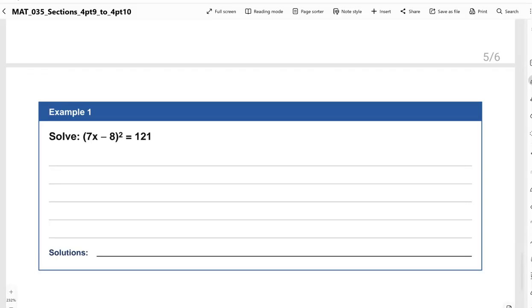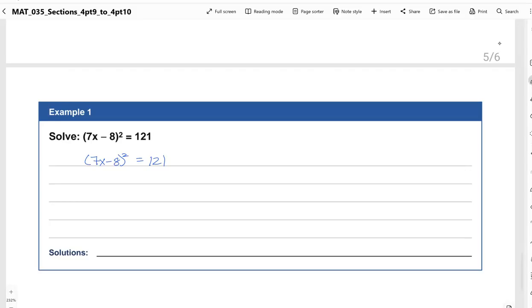Okay, and the next one, now we have some kind of group that's squared, and that's equal to 121. So if we want to solve that, we've got the squared term by itself, so I'm just going to recopy the problem here. So then I'm going to take the square root of both sides.